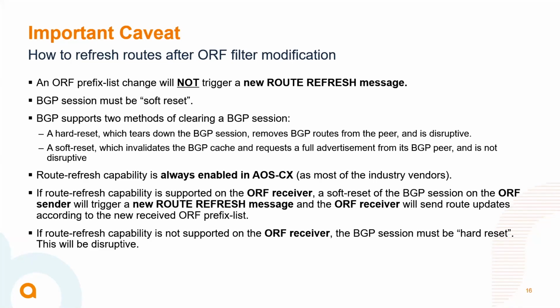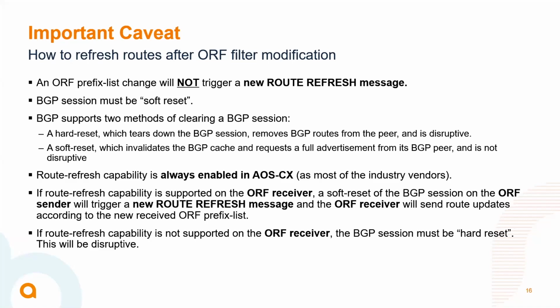That one is not disruptive. Route refresh capability on CX is always enabled. You cannot disable that. And this is the case also for most vendors in the industry supporting route refresh. Maybe you will see some old equipment that does not support route refresh.